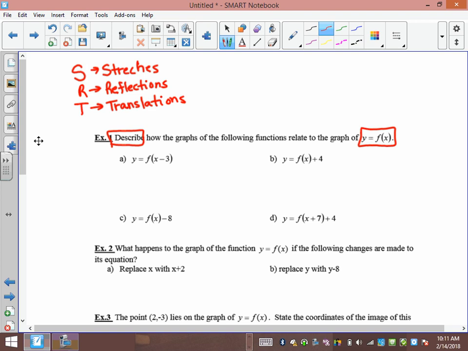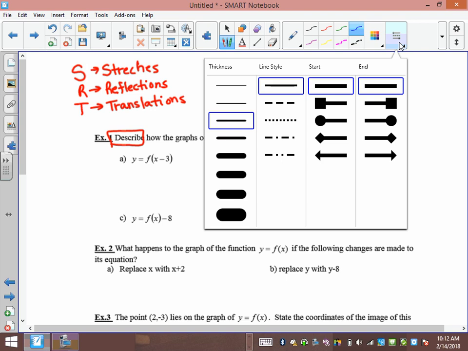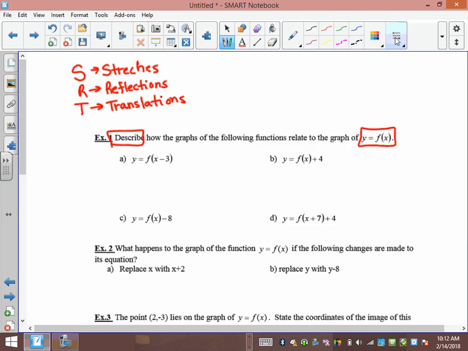And today we're only going to have to do T. So our S and our R are going to be blank. Okay? All right. So, are there any stretches? No. Are there any reflections? No. Because there aren't going to be any, because we're in the translation lesson. Blank, blank. T, are there any translations? Has anything changed? The Y is the same. The only thing that's changed is you have X minus 3.